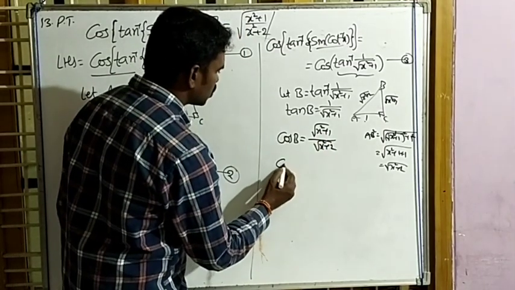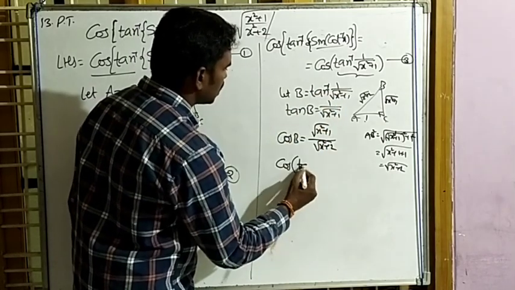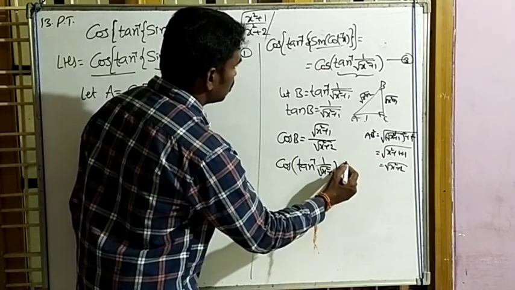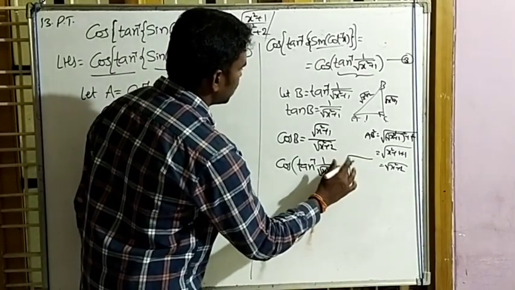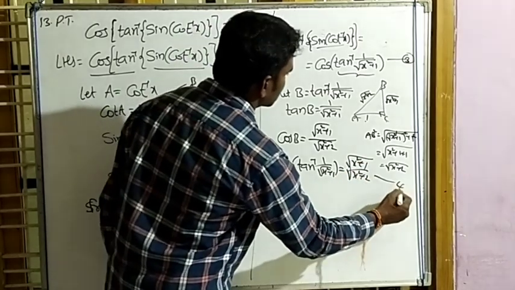Cos B, so cos of B means cos of tan inverse 1 by root over x square plus 1 is equal to root x square plus 1 by x square plus 2. So equation 4.